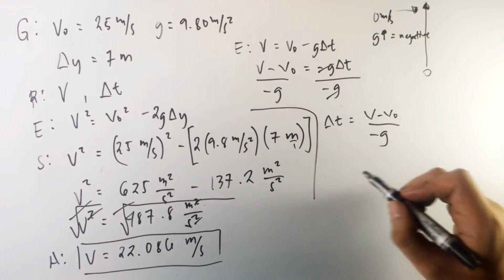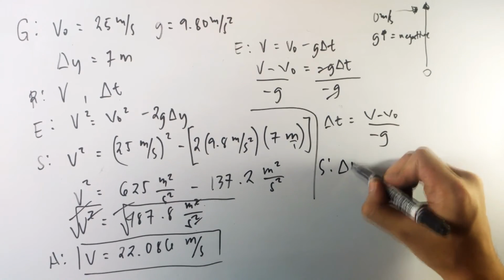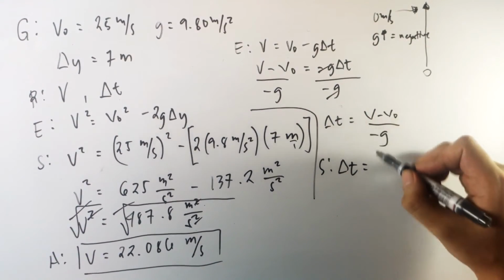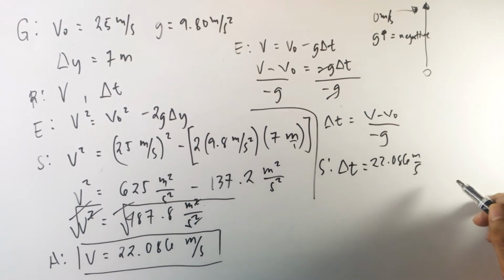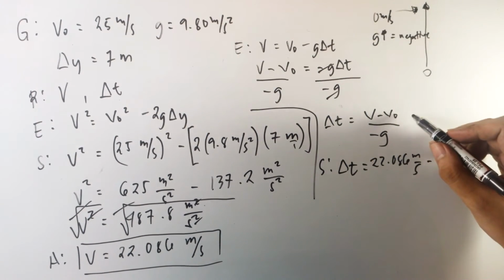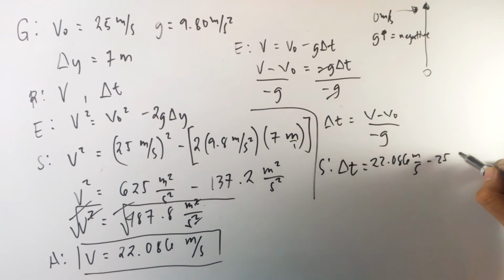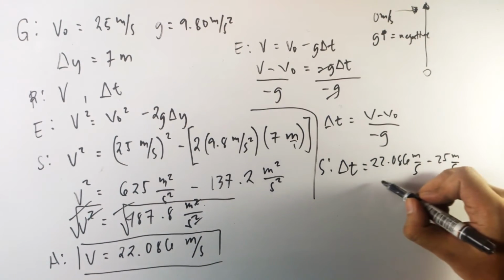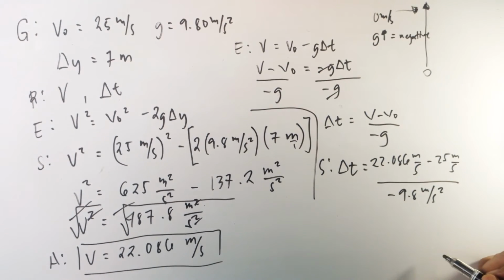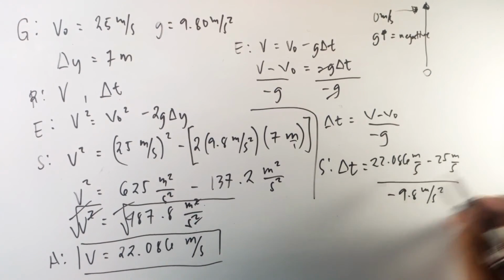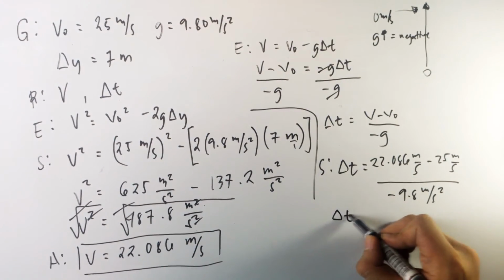Alright, so for the solution, you have delta t is equal to, what's our v? 22.086 meters per second, minus, what's our v sub 0? 25, correct? Meters per second, divided by negative 9.8 meters per second squared. You can operate first on the numerator.